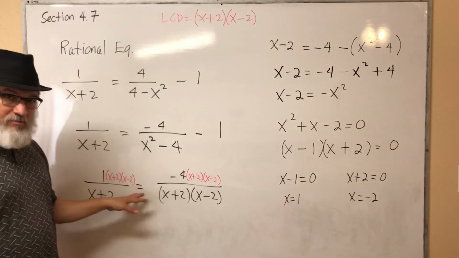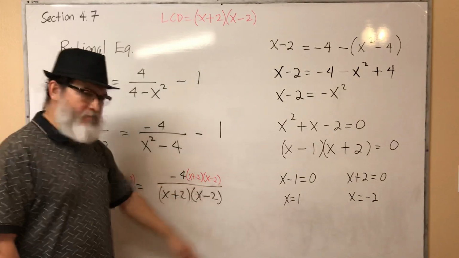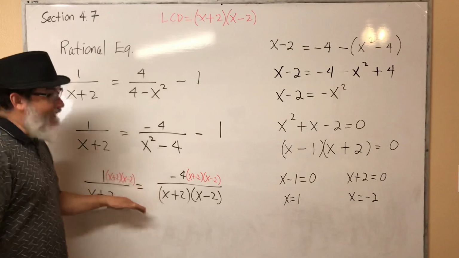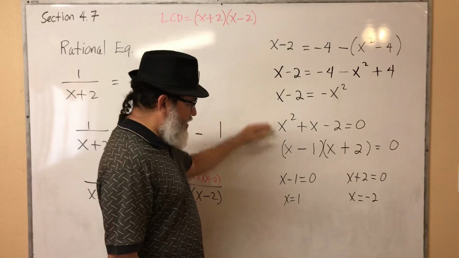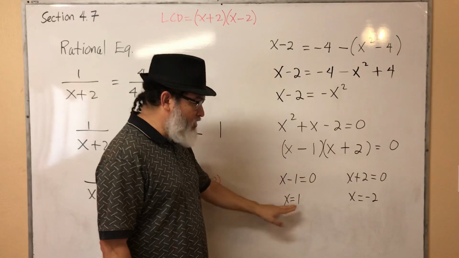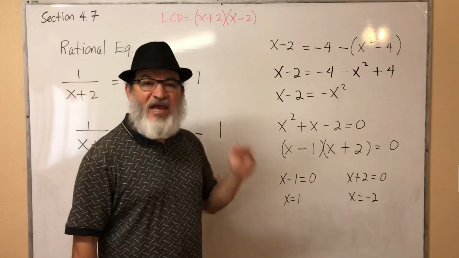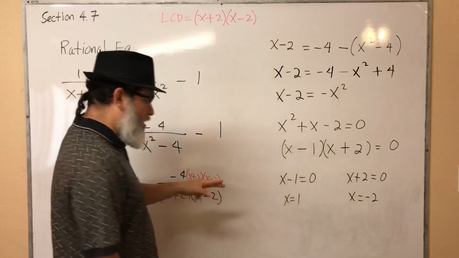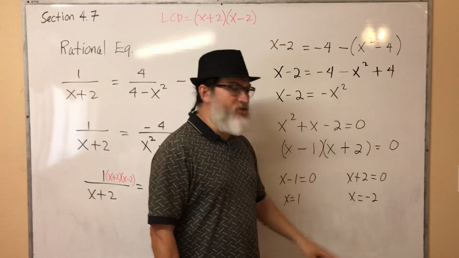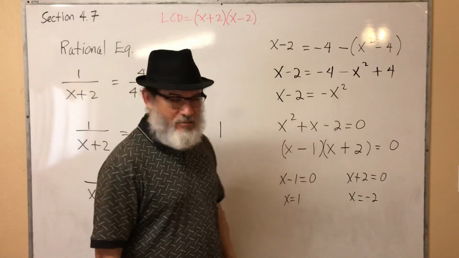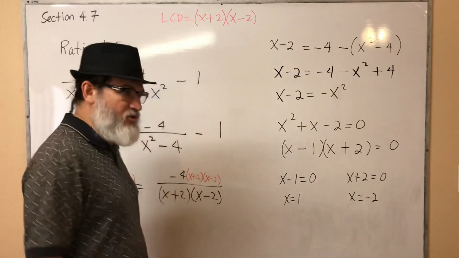And I did it here. I erased part of it, okay? Once I did that, it became a simple problem. And then I just solve. And once you get here, guys, once you get here, you have to check your answers, okay? Because sometimes these answers are extraneous. So you have to check your answers, okay?